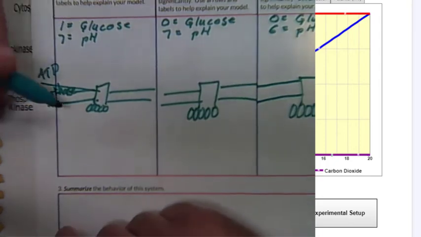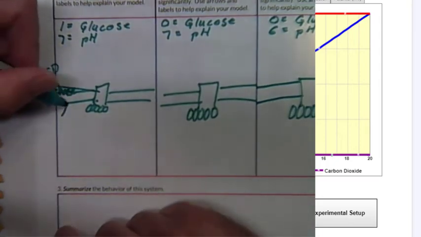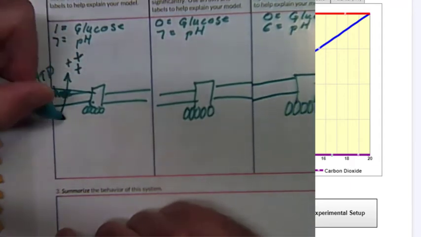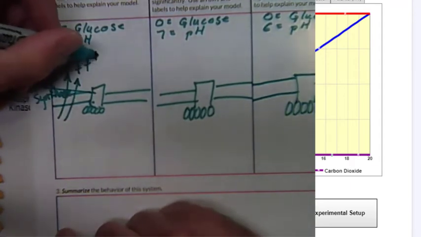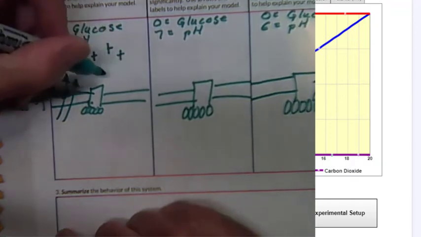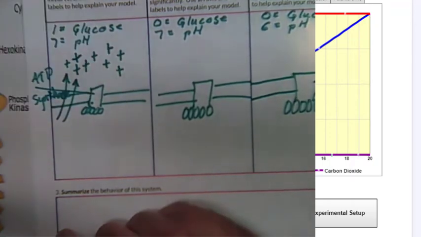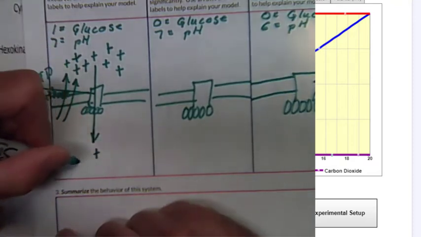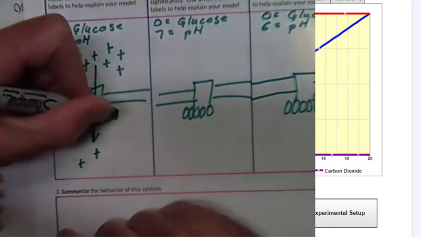So at initial conditions, they might do something like this, where protons are being pumped out using those high energy electrons from NADH, and then they end up flowing back in down their concentration gradient to produce ATP.